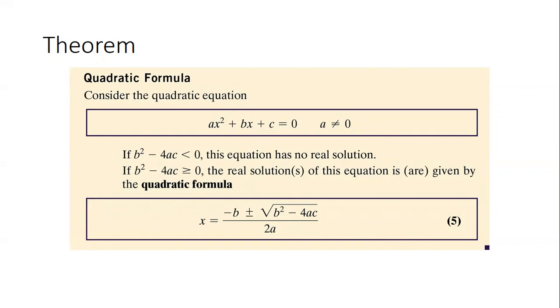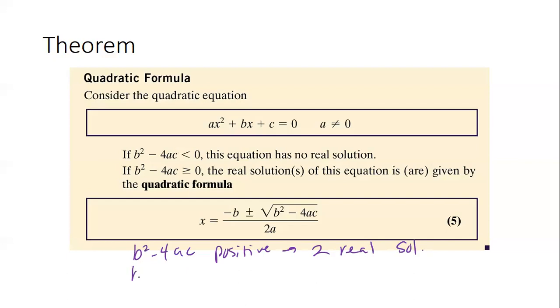So underneath your radical in the quadratic formula is called your discriminant. And your discriminant tells you what type of solutions you're going to have, okay? If your discriminant is positive, so if b squared minus 4ac is positive, then you have 2 real solutions.